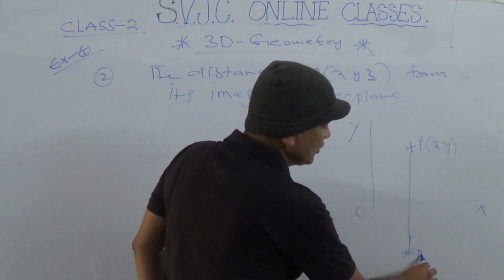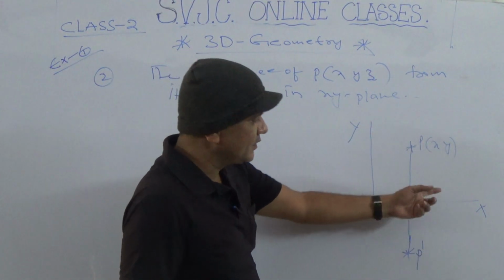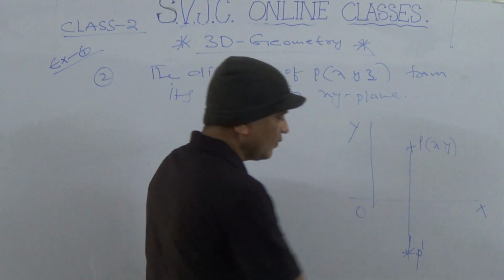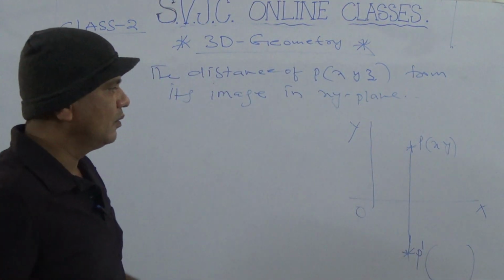Let P dash be the image of this point with respect to the x-axis.